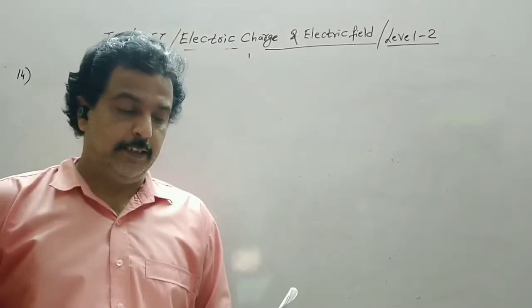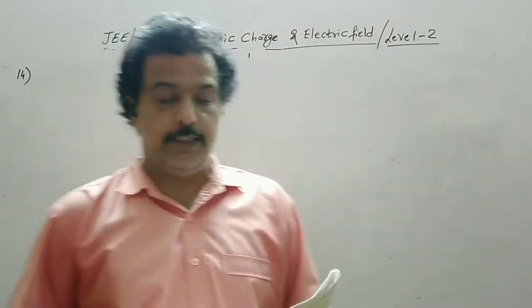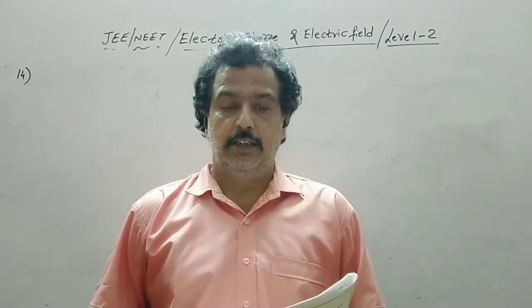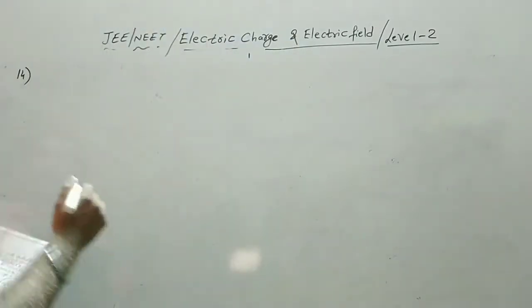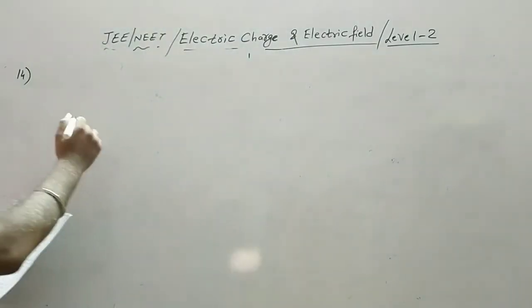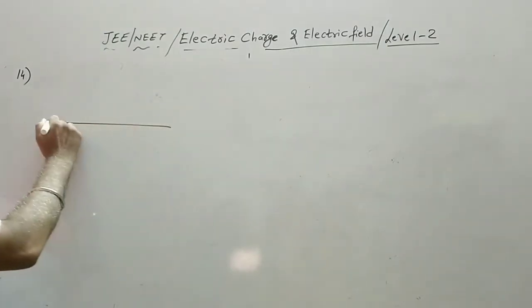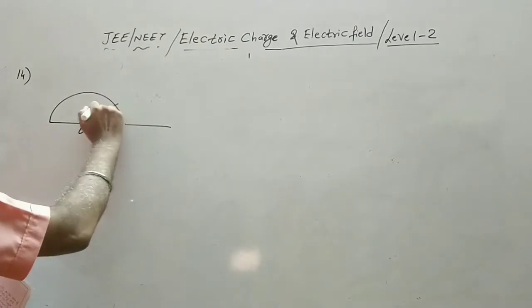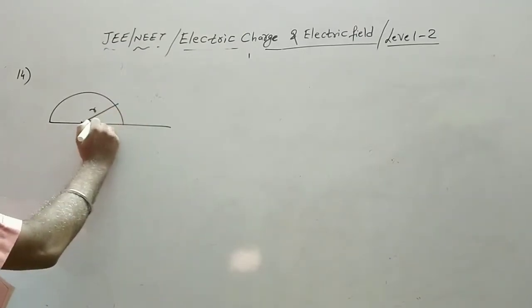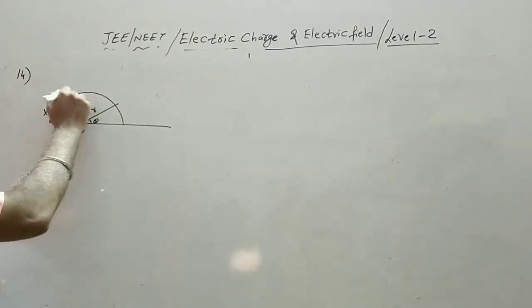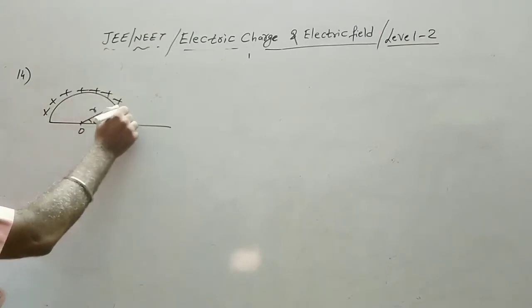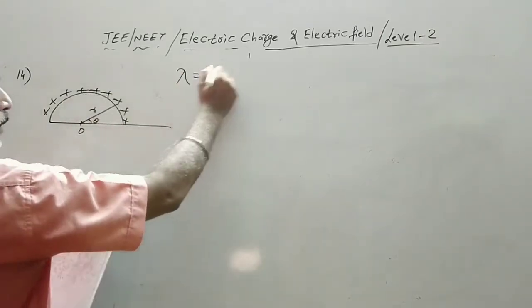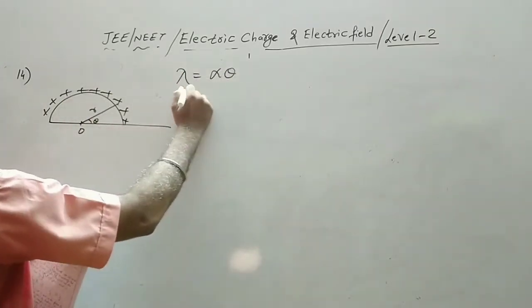The linear charge density on the rim of semicircular is given by alpha theta, where alpha is constant. So in question 14, the rim is given. Let the radius of the rim be r. The linear charge density is lambda, which is given as lambda is equal to alpha theta.